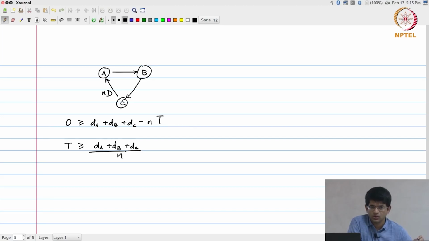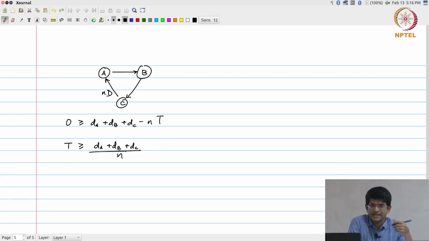Now, this is a little more interesting, because what it is telling you is that physically what I have is A, B, C sitting in a loop. There are n token delays somewhere in that loop, in this case on the edge between C and A. But what it effectively means is that in principle at least the average iteration period that I can achieve for this system is going to be dA plus dB plus dC by n.